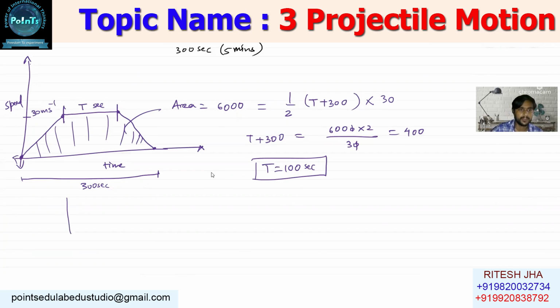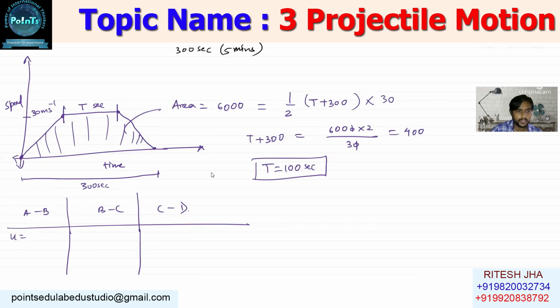All right, so let's divide it into these 3 sections. The first section is from A to B, the second is B to C, and the third one is C to D. Now over here, you have u equal to 0, v equal to 30, t equal to, we don't know, let's say T1, and a equal to x. For the second one, it is a constant speed.